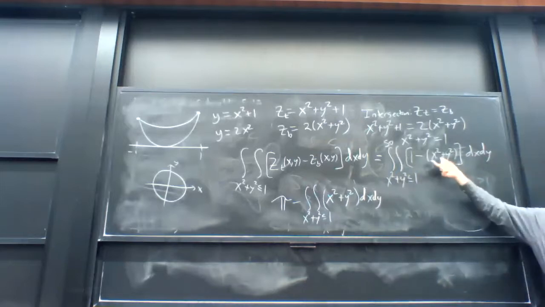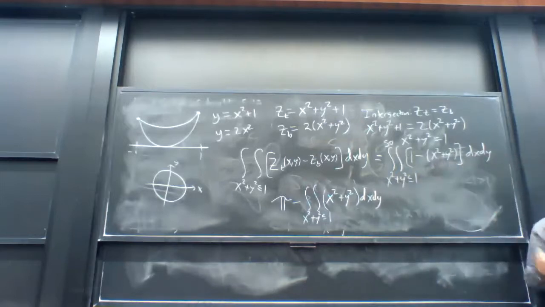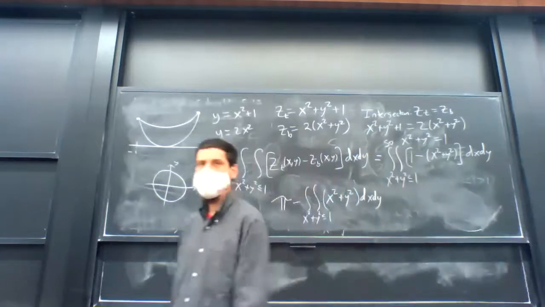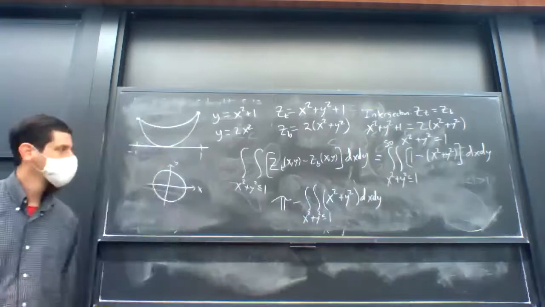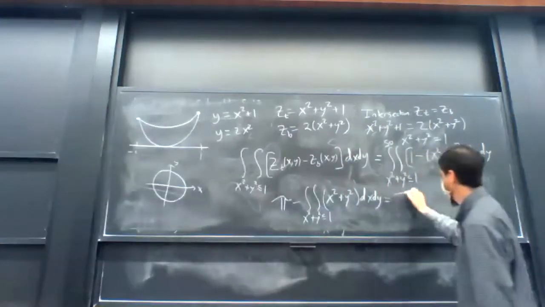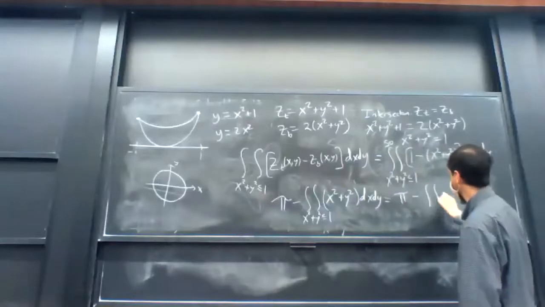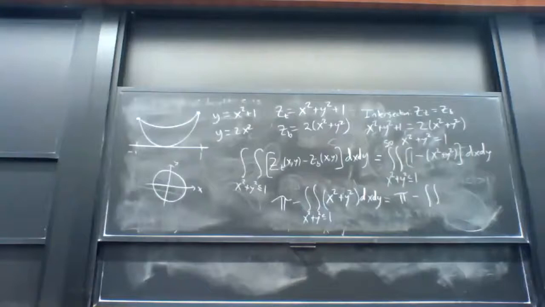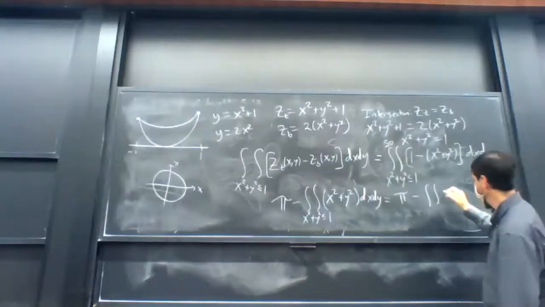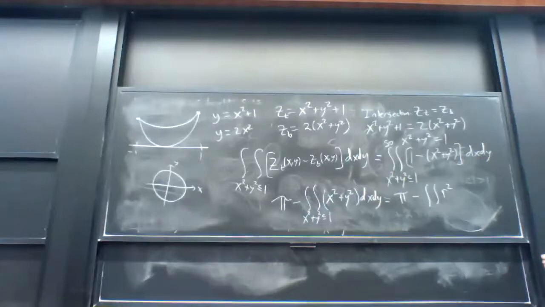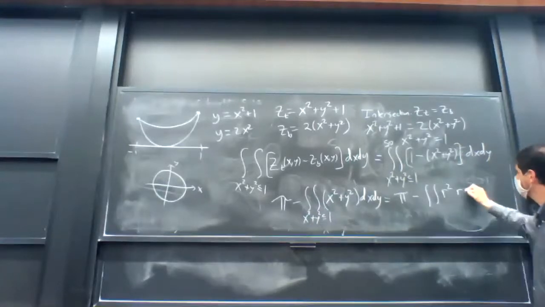I didn't have to do this. I could have converted this to polar, but given that it's the nice function 1, I might as well just pluck that off. Now we convert to polar. And this is pi minus the integral. What is x squared plus y squared when we convert to polar? r squared. And what does dx dy become? r dr d theta.